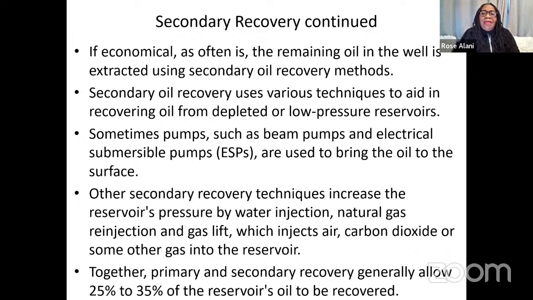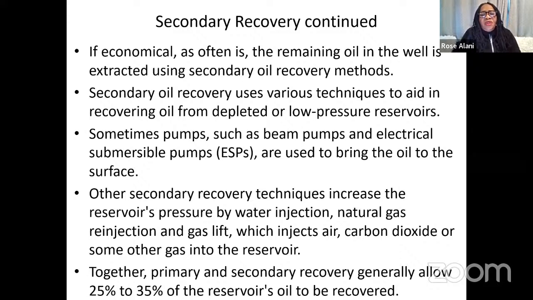So sometimes pumps can be used. Beam pumps, electrical submersible pumps can be used also to bring the oil to the surface.